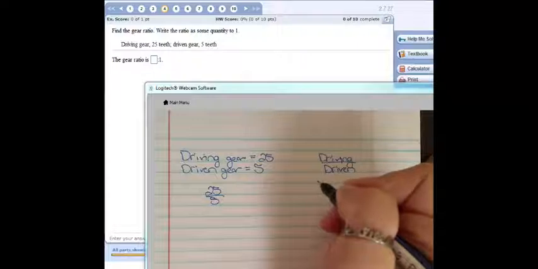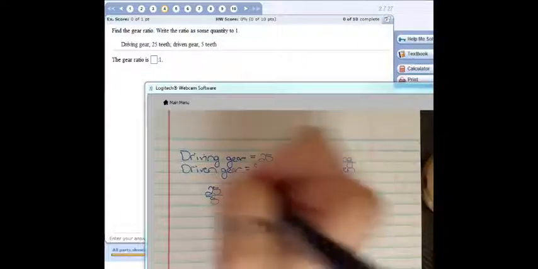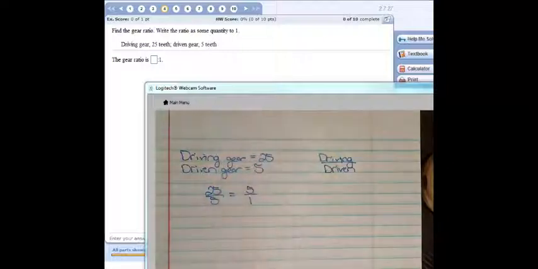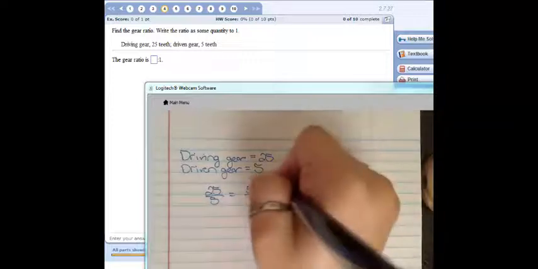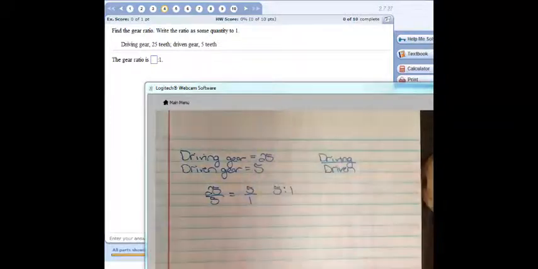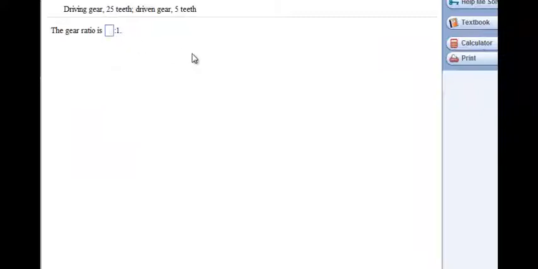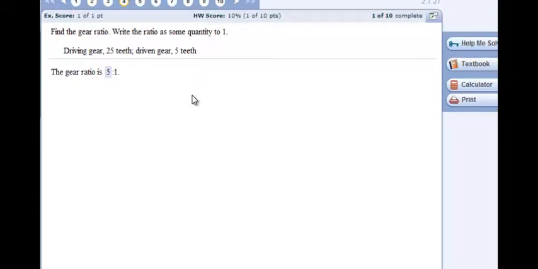And is that simplified? No, because 5 comes out of both of those. So we have 5 over 1. Which is good because this one specifically said that we need to write the ratio as some quantity to 1. So that means we're going to write 5:1. And it's already got the colon and the 1 in there. All we need to do is type in the 5. Let's hit enter. Good job.